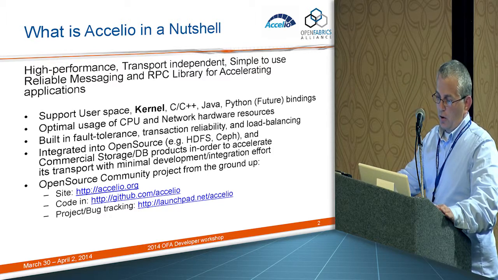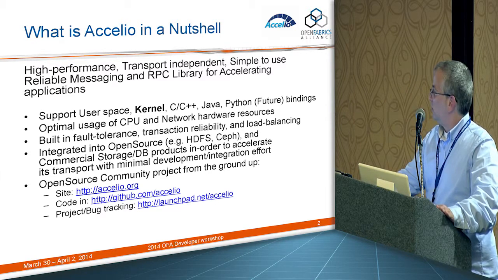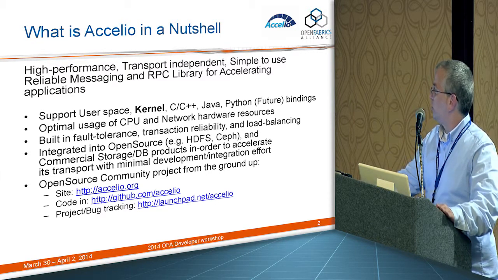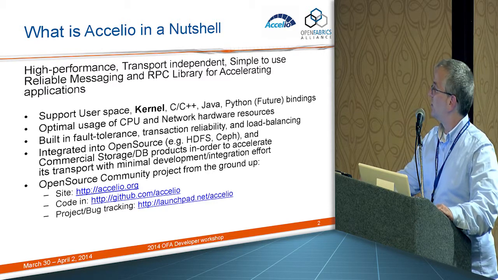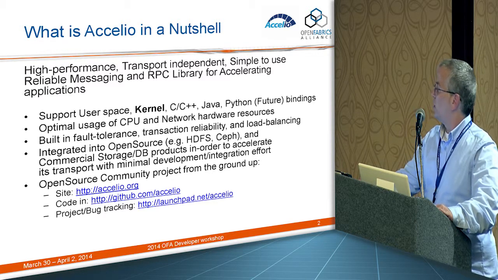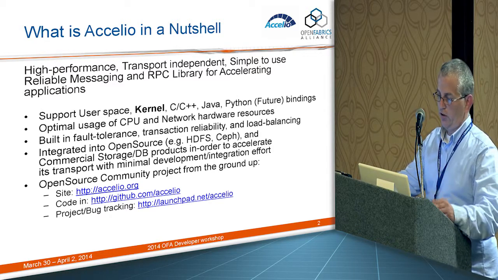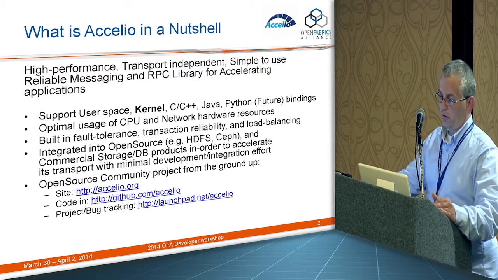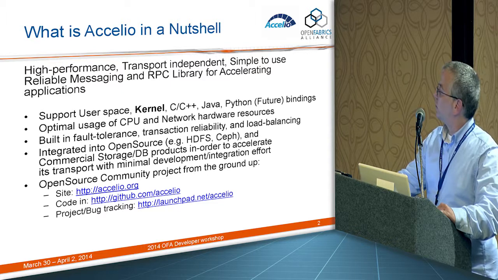So what's different in Accelio is that it's completely open source code. It's a community project. It's currently not a product provided by Mellanox. We provide all the support and everything else, but we initiated the project. But we are looking for other strategic partners to get into this project and help us develop this API.